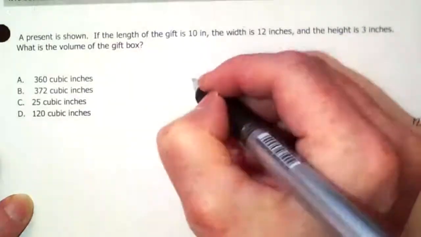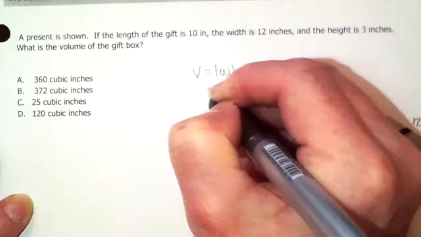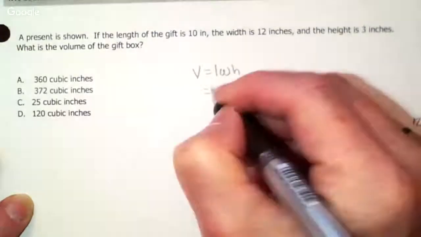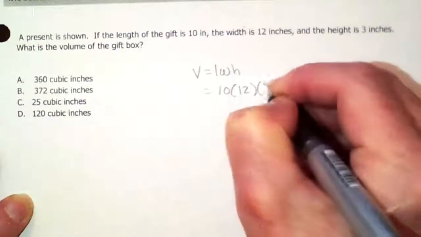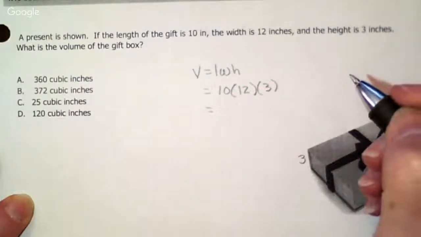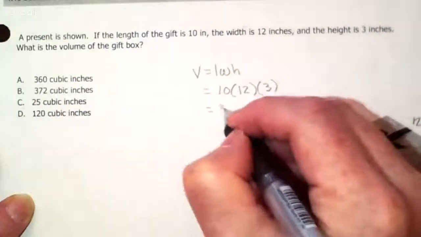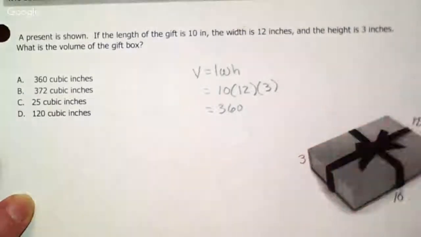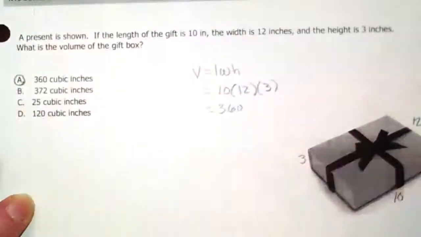Well, volume is length times width times height. So in this case, 10 times 12 times 3, which is 120 times 3, or 360 cubic inches. So it would be A. Next.